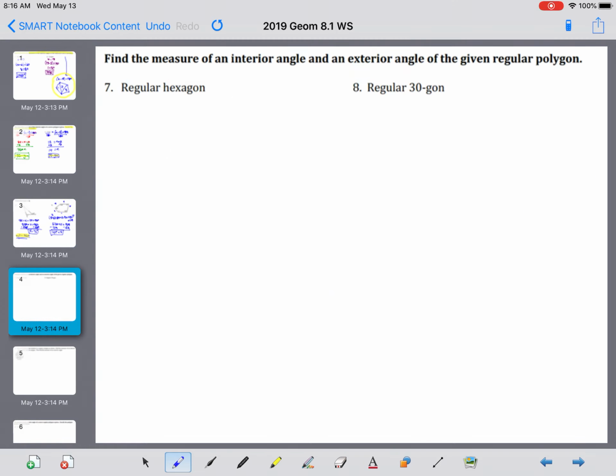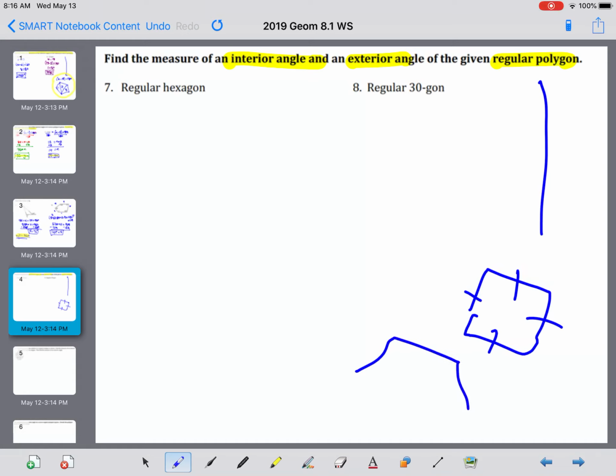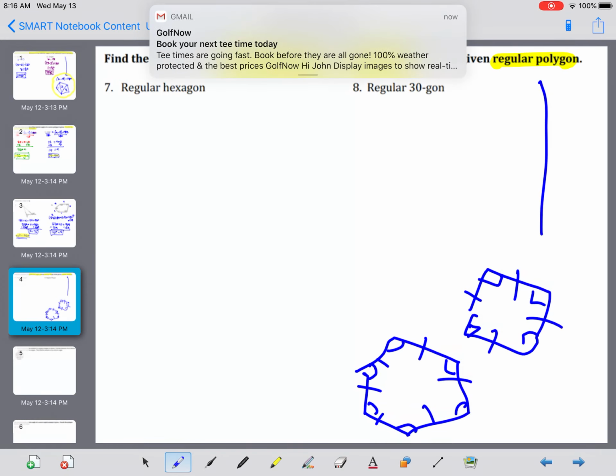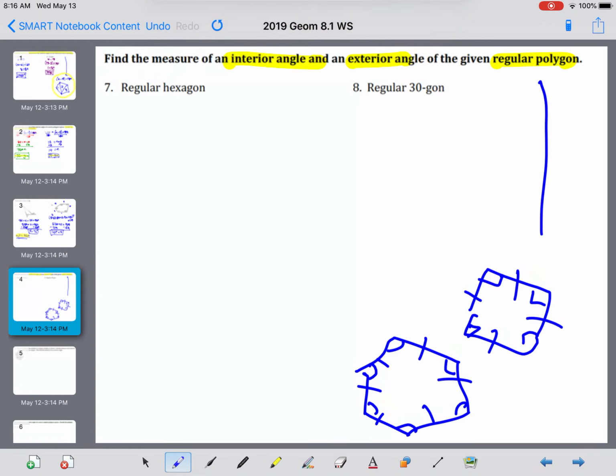Moving on, find the measure of an interior angle and an exterior angle of the regular polygon. Remember, regular polygons mean that all sides are the same and all angles are the same. Let's go ahead here. A hexagon, n equals 6.